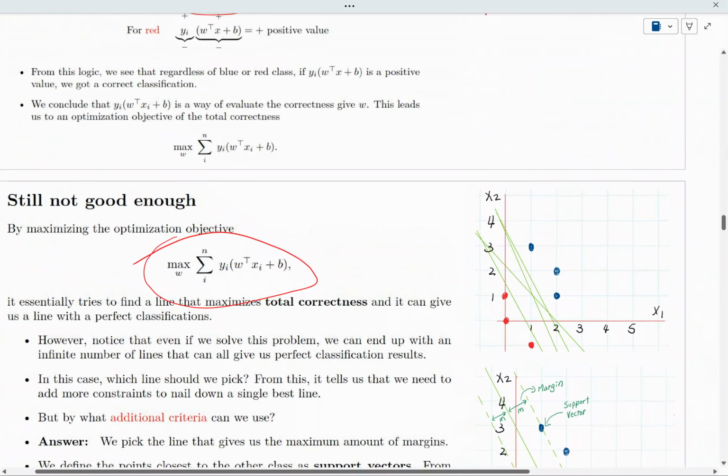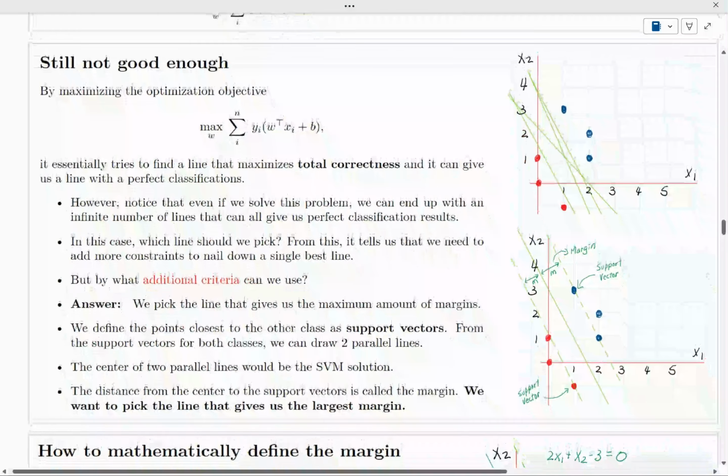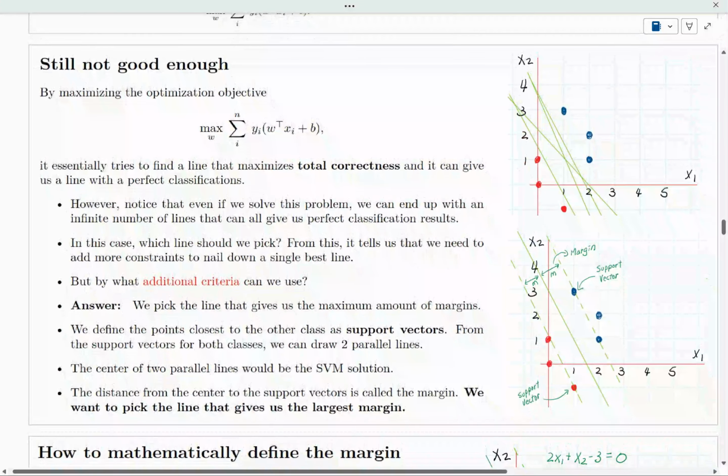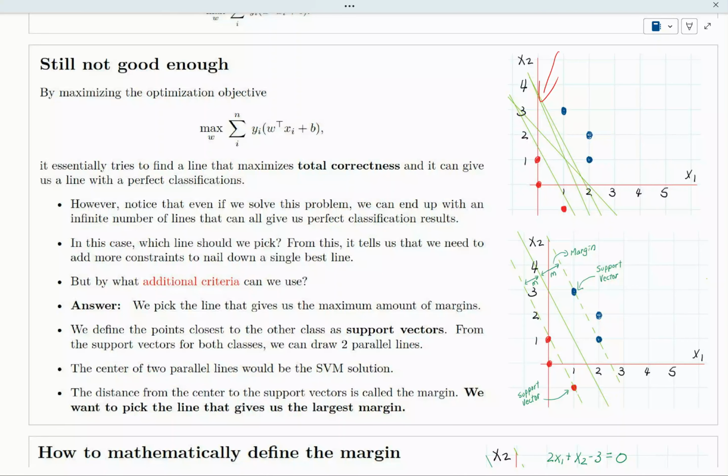And the way they figure this out is that they can use an additional criteria. Instead of picking any line that perfectly separates the blue and the red, we want to pick the line that gives us the largest margins. So over here, for example, we could draw the line this way. But notice how we don't have a lot of margin for error. So what we want to do is draw a line such that this margin, right?